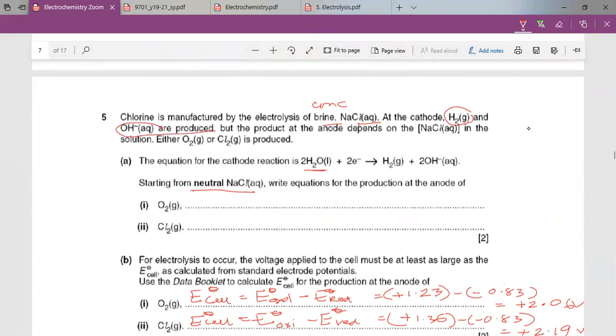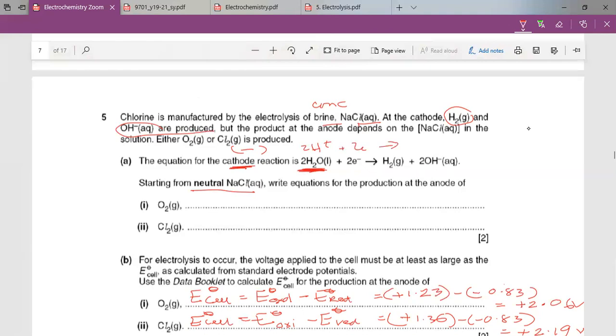Now, see, it's a cathode. Cathode means what? Reduction. So remember, this one is water. See now, which means they actually tell you that, remember, cathode is negative now, you cannot use H plus. You cannot use 2H plus.